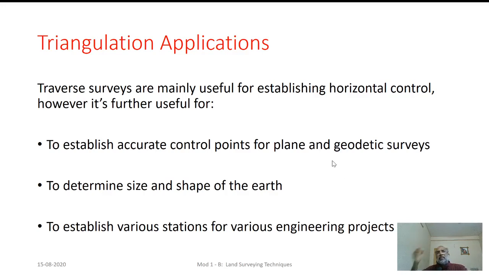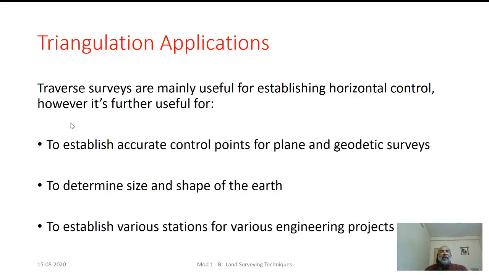Triangulation can be applied in a number of senses. Here we discussed traverse surveys, which are mainly useful for establishing horizontal control.